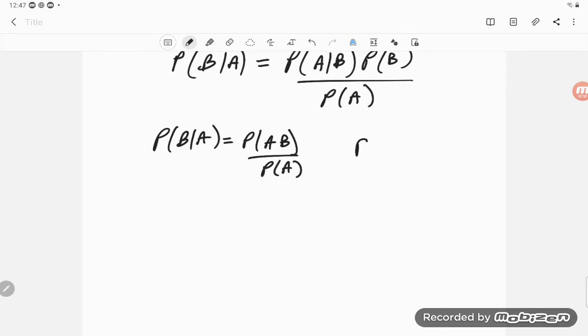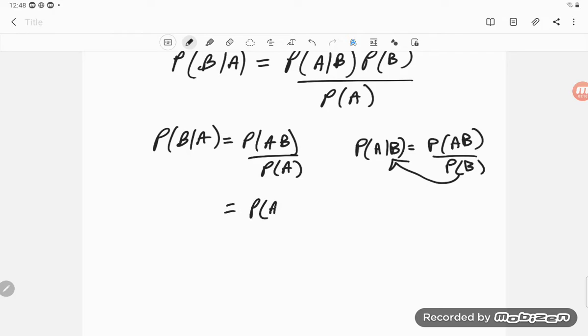Conditional probability says the probability of A given B is equal to the probability of AB over the probability of B. So now move this over to that side, and we get the probability of A given B times the probability of B over the probability of A.